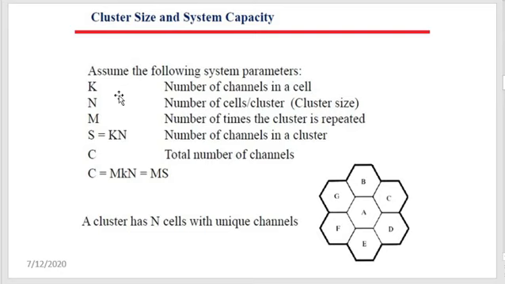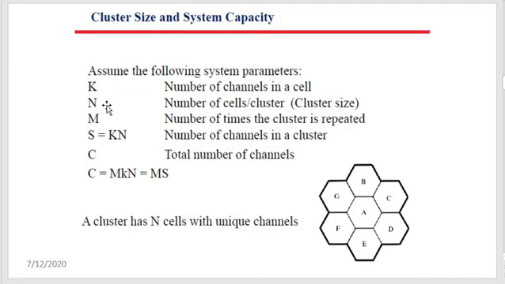So how many channels are allotted to each cell? K. Number of cells per cluster is n. So in this cluster, n is equal to 7. 1, 2, 3, 4, 5, 6, 7. Now if 600 channels are divided into 3 cells, n will become 3. Okay.